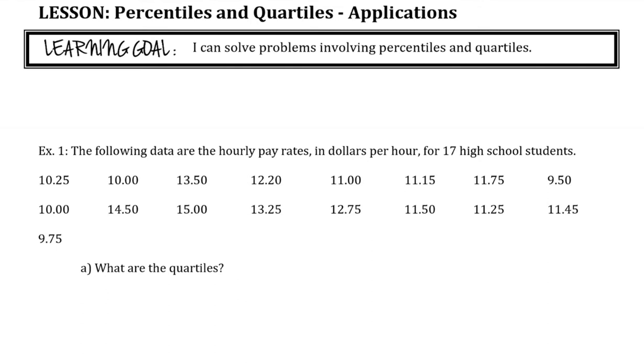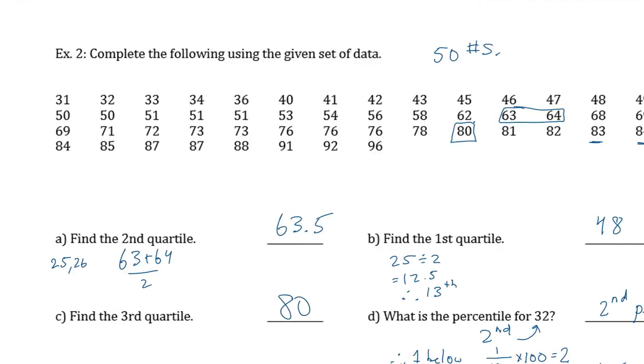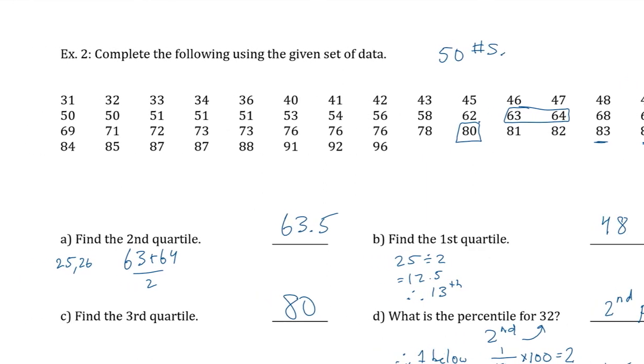So the question we're looking at is: the following data are the hourly pay rates in dollars per hour for 17 high school students. Now, this is, I guess, what makes it an application. The last example that we did wasn't about anything. It was just random numbers.